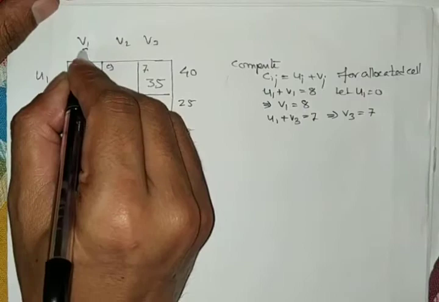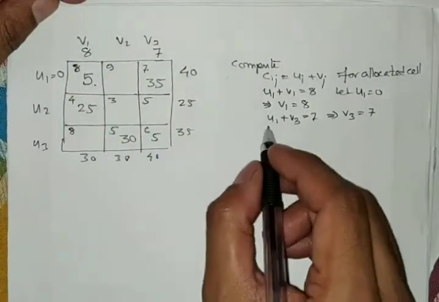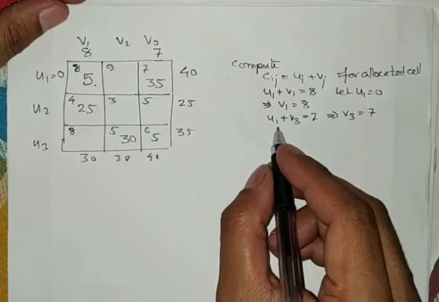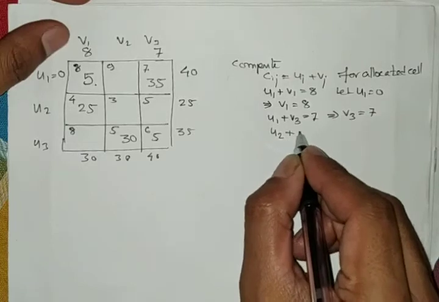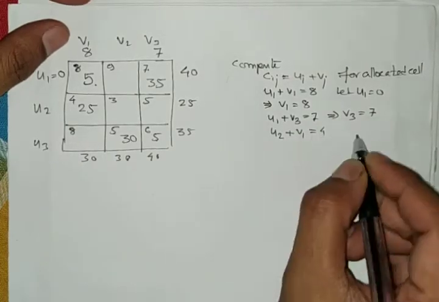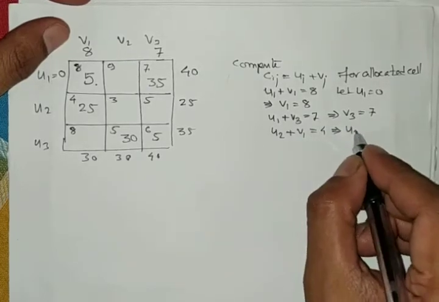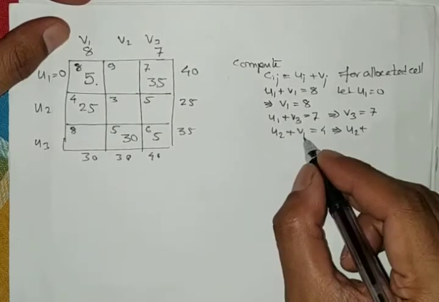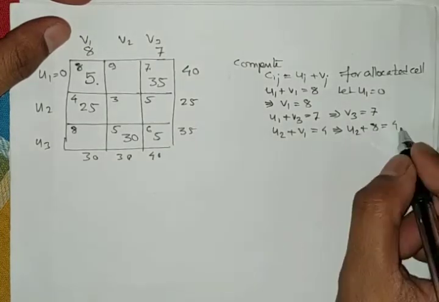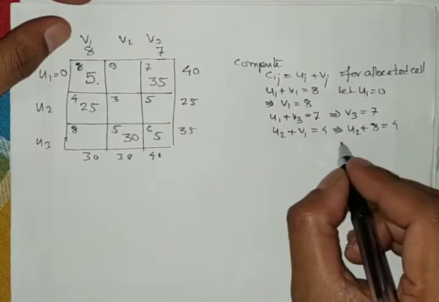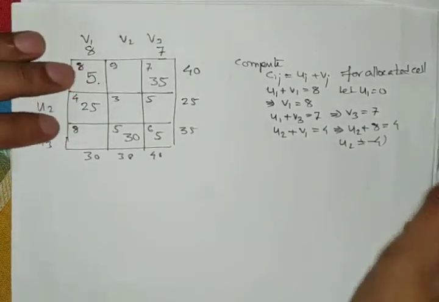So I am writing here, this is 8, this is 7, this is 0. So u2 plus v1 is equal to 4. With v1 equal to 8, u2 will be minus 4.